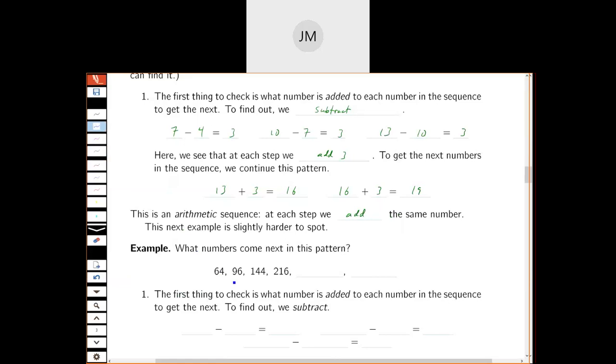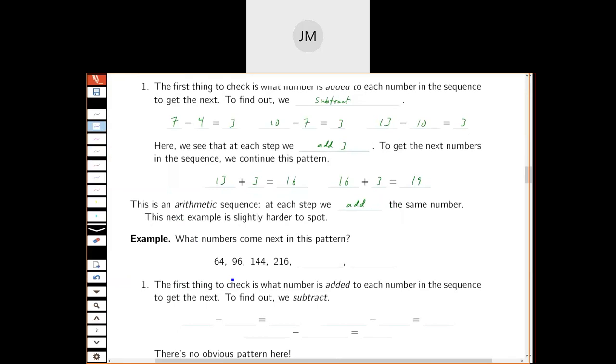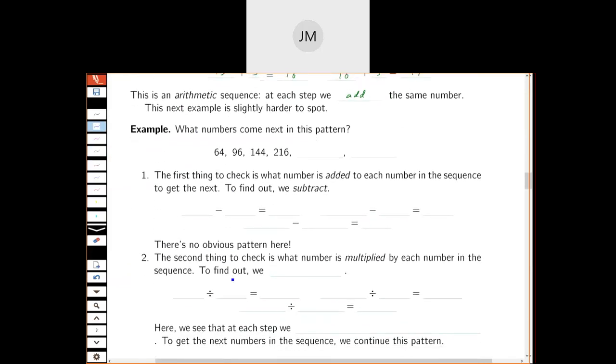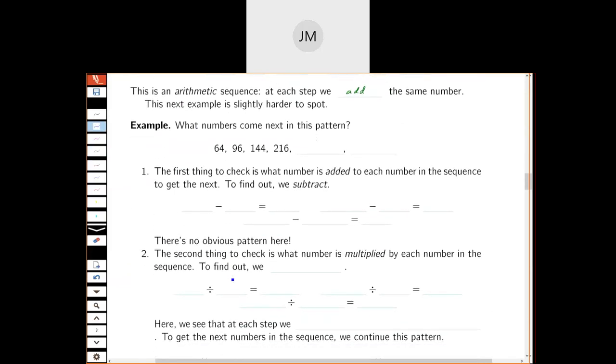So this next example is going to be a little bit more challenging. Let's see if we can find the next number. So let's first check to see what number is added to each. To go from 64 to 96, if I subtract these, 96 minus 64, I get 32.